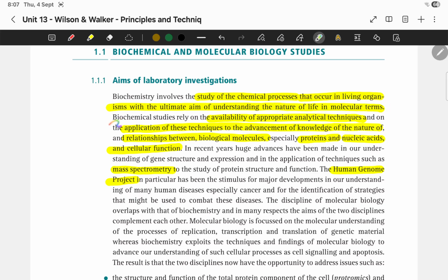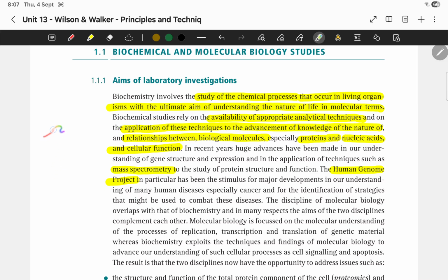Biochemical studies rely on the availability of appropriate analytical tools, and the application of these techniques to the advancement of the knowledge of nature.